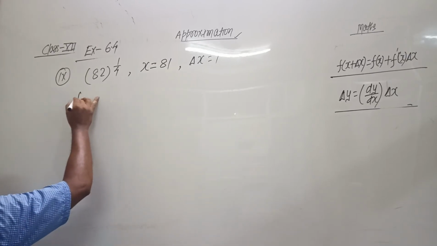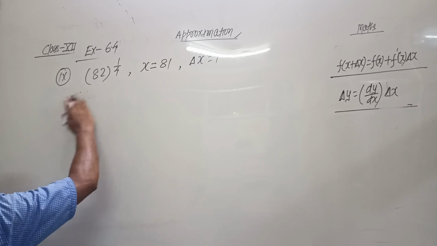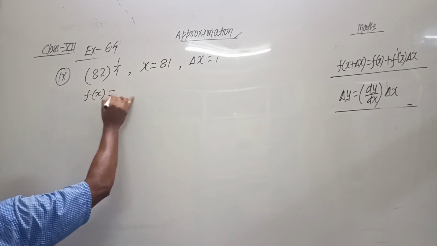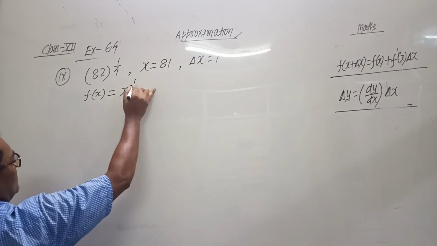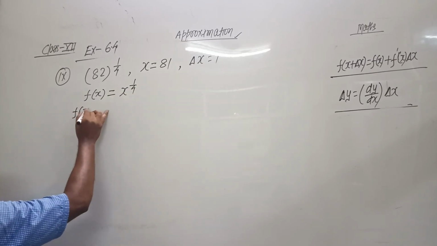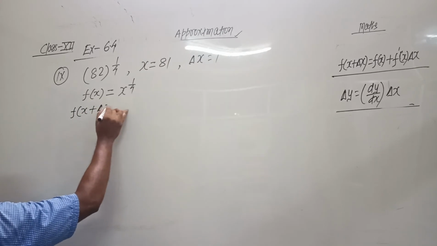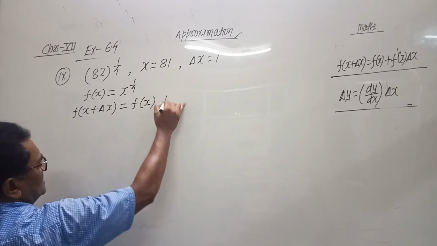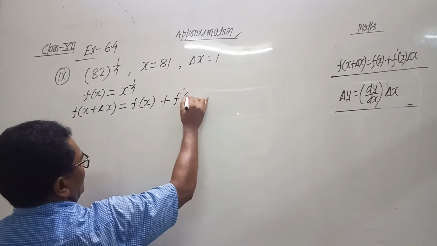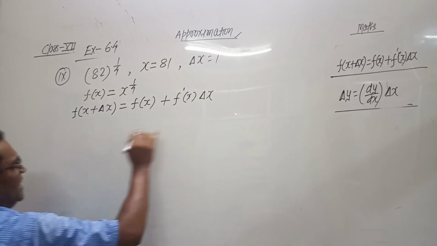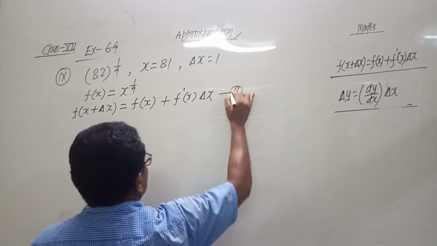Now write the formula. Assume the function f of x equals x raised to the power 1 by 4. Then f of x plus delta x equals f of x plus f dash of x into delta x. Name it first equation.